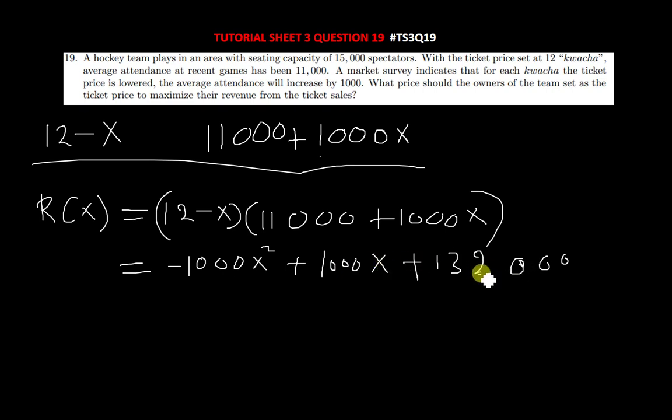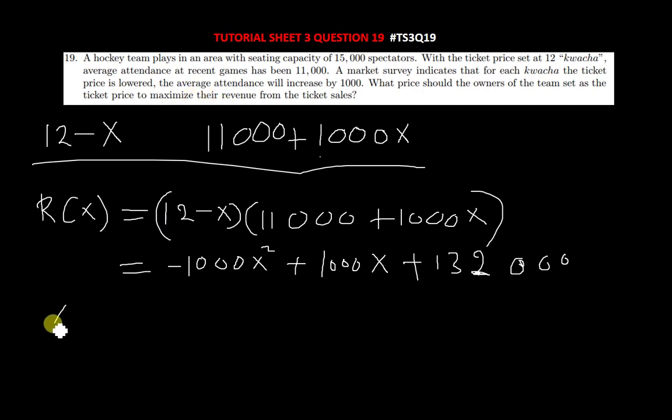This is what you are going to get after simplifying this expression. So once you get this, you can now find the value of x at maximum, meaning the reduction at this maximum revenue.